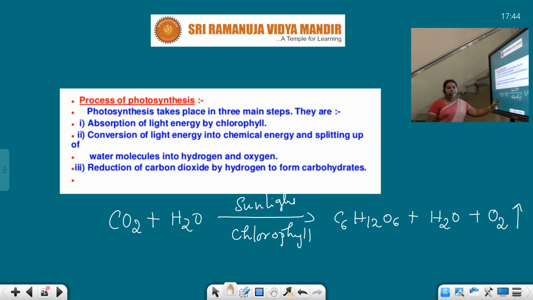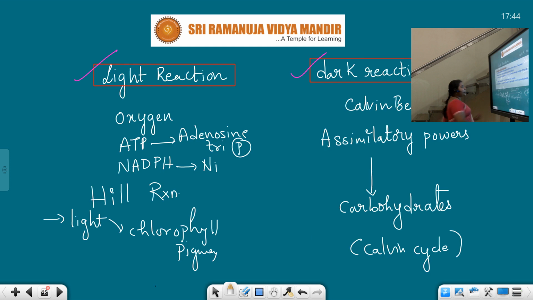So this is the total reaction of photosynthesis. During the light phase, oxygen is released, and the assimilatory powers such as ATP and NADPH are produced.